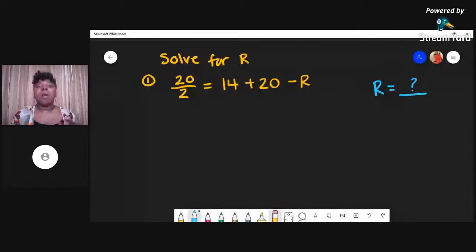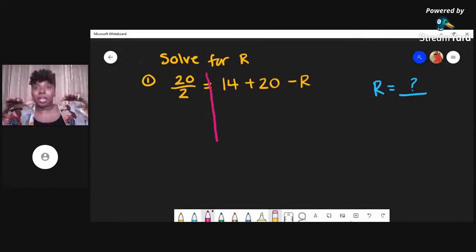Okay. So now what's in my way right now that's keeping me from being able to say what R equals? Pretty much that entire equation. Right. Everything before the R. Okay. So last week, we talked about an equation being like a balance beam, right? The left side of the equation should balance with the right side.